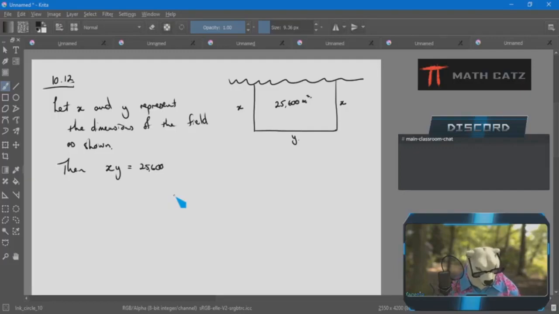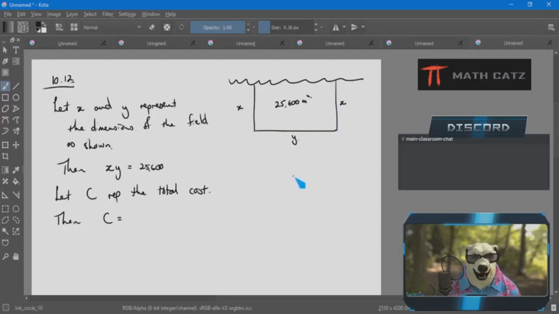And I also have this issue of cost. So my cost is going to be the function that I create. So I need to define, let's say, C for cost. Let C represent the total cost of the fence, of course. Then, without worrying about this extra information, just looking at the fence, the cost is going to be dependent on the length of x and the length of y.